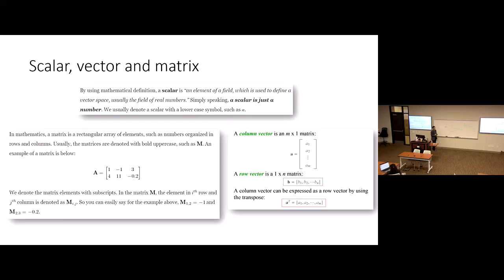Matrix, I will first consider it as a collection of vectors or data points. So if A is a cell described by 3 genes' expression, then I can collect a lot of cells and put them into a matrix.